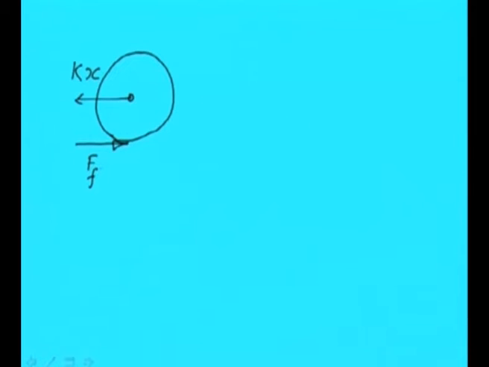So this is the friction force, and we know that this particular cylinder is having theta rotation, but the linear displacement of this in this direction is x. So we can apply Newton's second law, and we can sum all the external forces, and we can equate that to mass into acceleration of the cylinder.